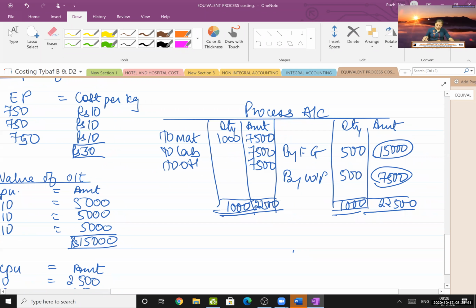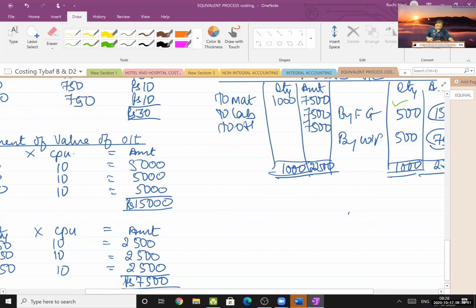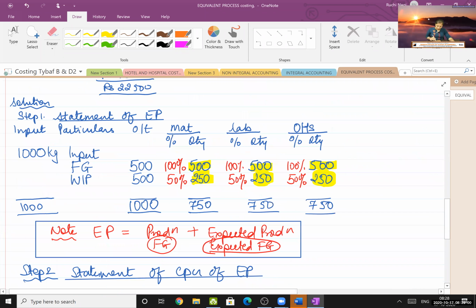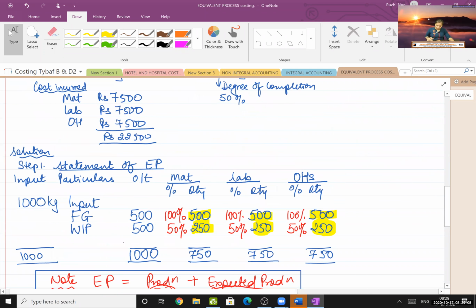Next, credit finished goods stock, 500. And WIP. How much was your finished goods? 500. WIP 500. And how much was their value?